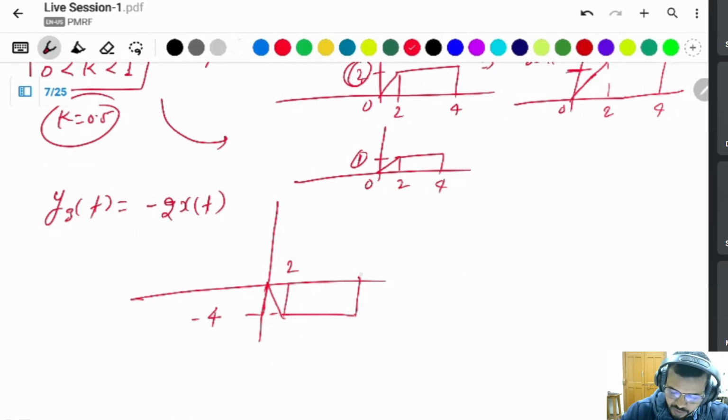The x axis operation is not affected, only the y axis is affected. It means if you multiply by a negative in a y axis operation, then the signal is a mirror image about the x axis. And if you do an x axis operation, scaling by a negative term, then your signal is a mirror image about the y axis. This is a simple thing.